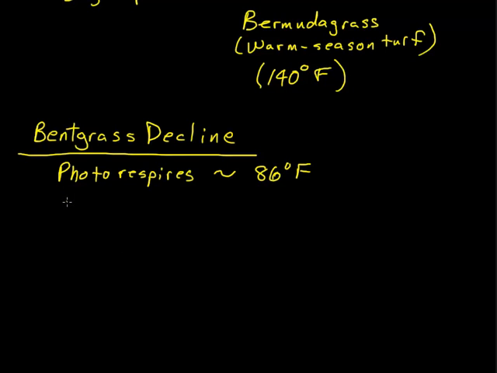And what this means is it starts using more sugars, or CHOs, we can say, than it makes. And so it starts to get weak, and it's basically slowly starving to death. Just like if you burned more calories than you take in on a daily basis, you lose weight.